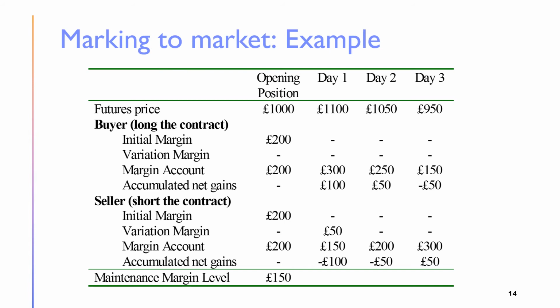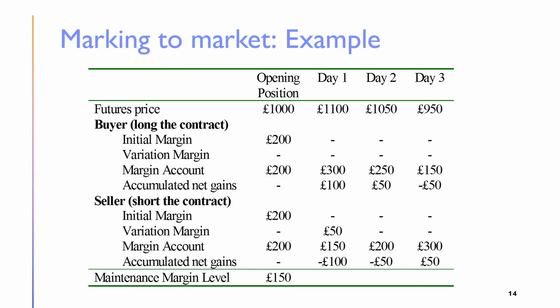On day 2, the futures price dropped to £1,050. This results in a gain of £50 to the seller and a loss of £50 to the buyer. The balance in their accounts are adjusted accordingly. On day 3, the futures price drops further to £950.